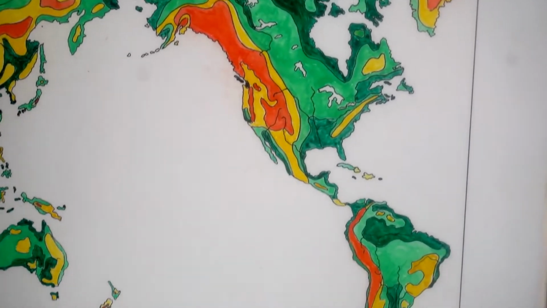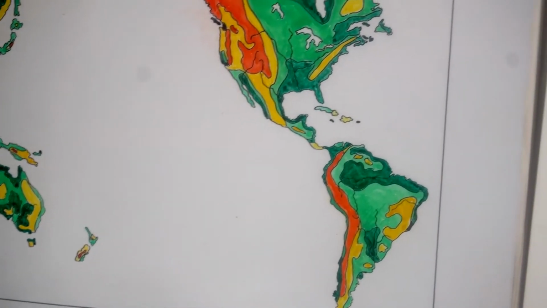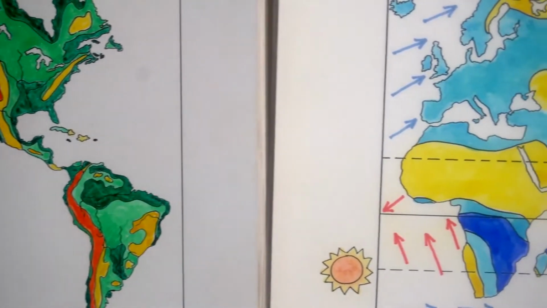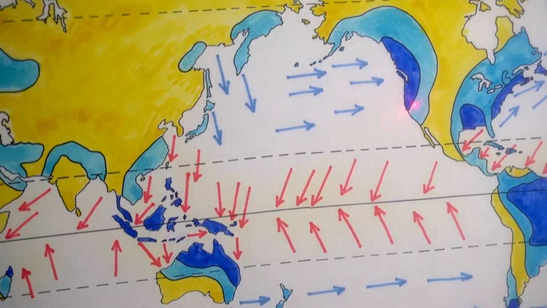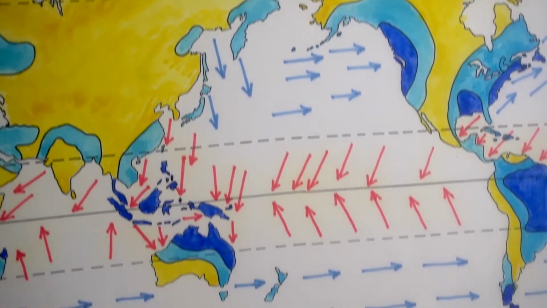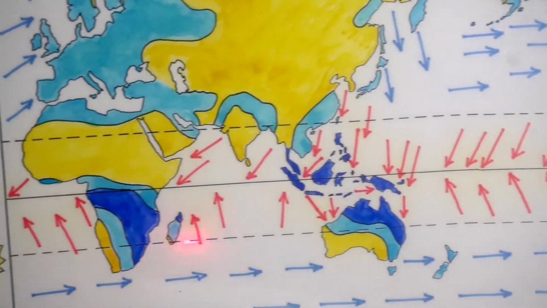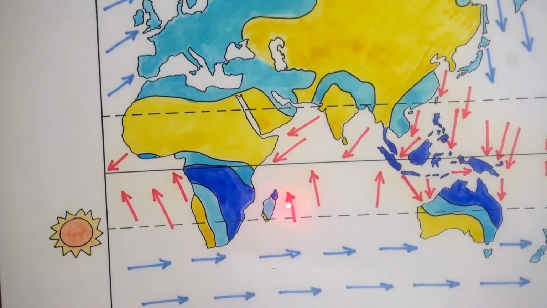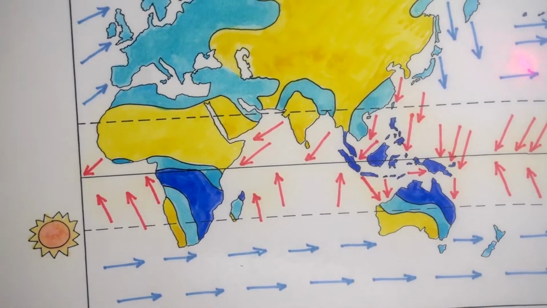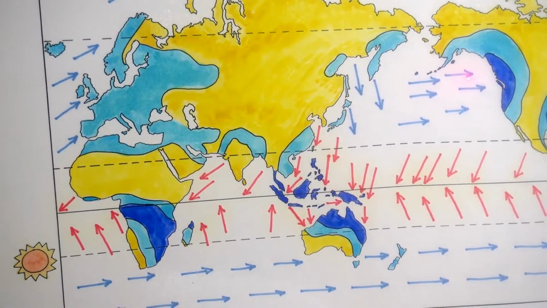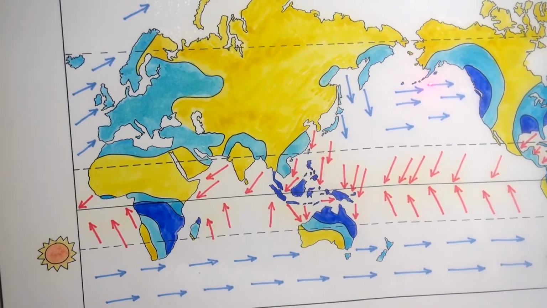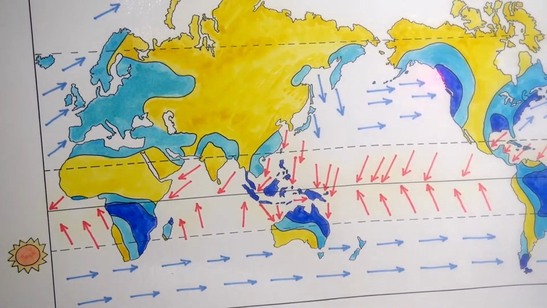So let's see here in North America, you find that, of course, when the perpendicular rays are here at the Tropic of Capricorn, then it means that here in the northern hemisphere, it is their winter.